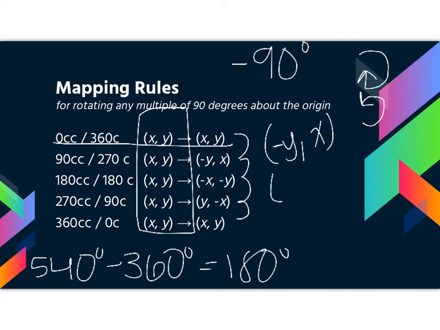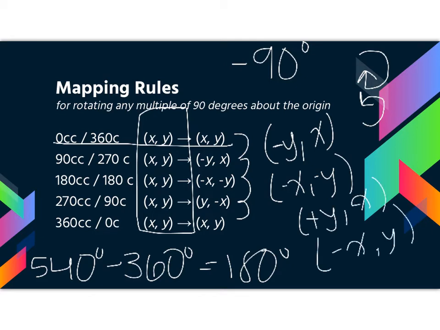Then we change their place and change the sign, change their place and change the sign. That's how you can make sure you have those rules: you're flipping and changing the sign of the first. And so those are your mapping rules for rotating any multiple of 90 degrees about the origin.